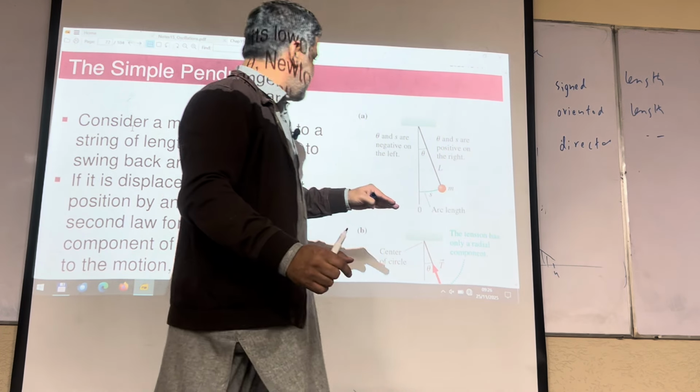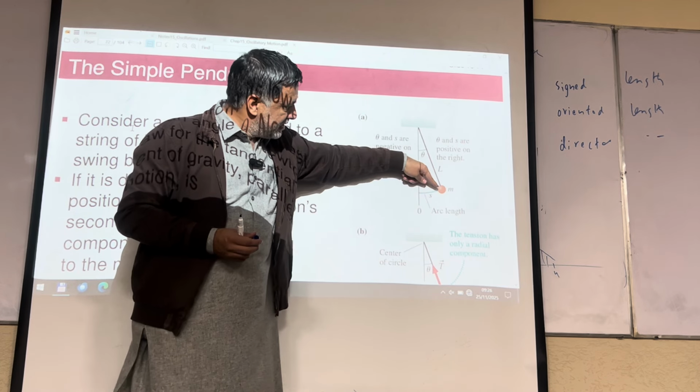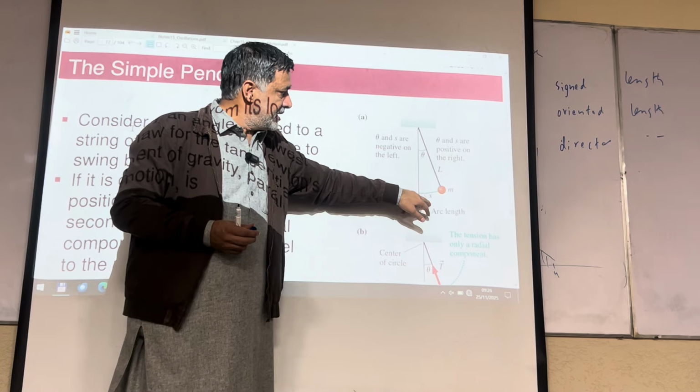So it means that this s will be positive and this s will be negative, right? And what is the relationship between these two? Can you tell me how are these two things related? S equals L times theta, because this is a sector, right? Because this is a circular arc, S equals L times theta.